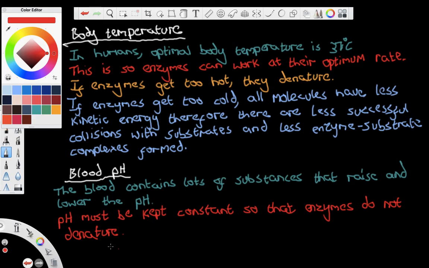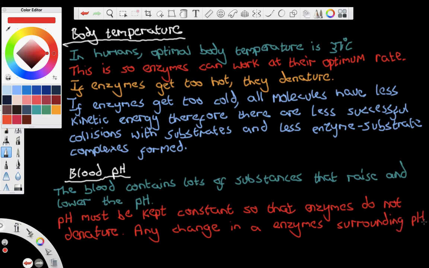So we can say, I'm going to add in red that any change in an enzyme's surrounding pH from the optimum will cause it to denature.